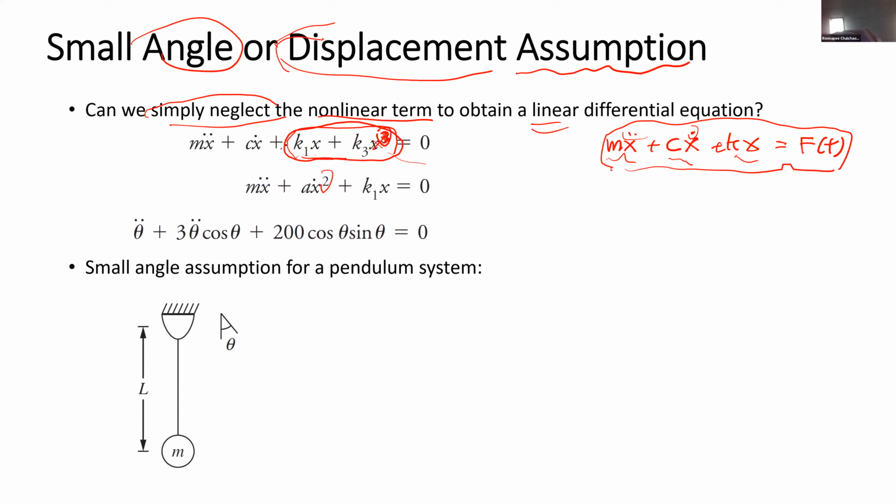In this case, yes, for sure, if x is a small displacement, the third power term can be ignored. For this one, the second power term can be ignored. For this one, it's not a second or third power term, it's a sine and cosine.